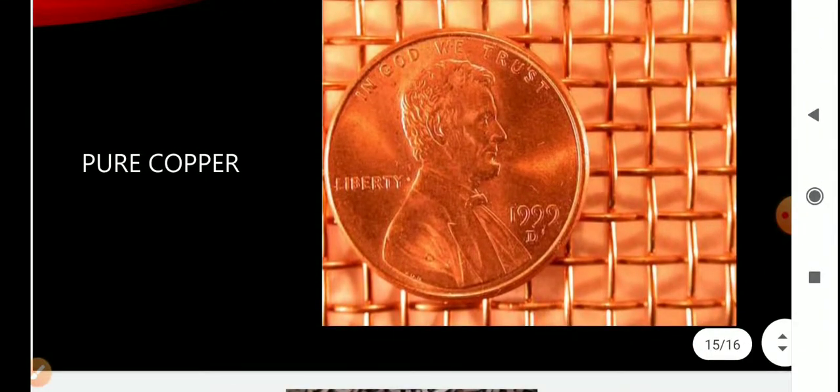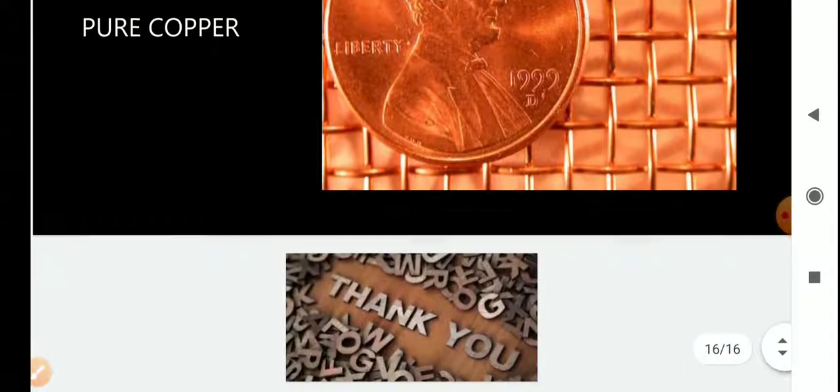Here is a picture of pure copper, and we can make a coin from copper. And there are lots of examples of use. There are lots of uses of copper in our everyday life.